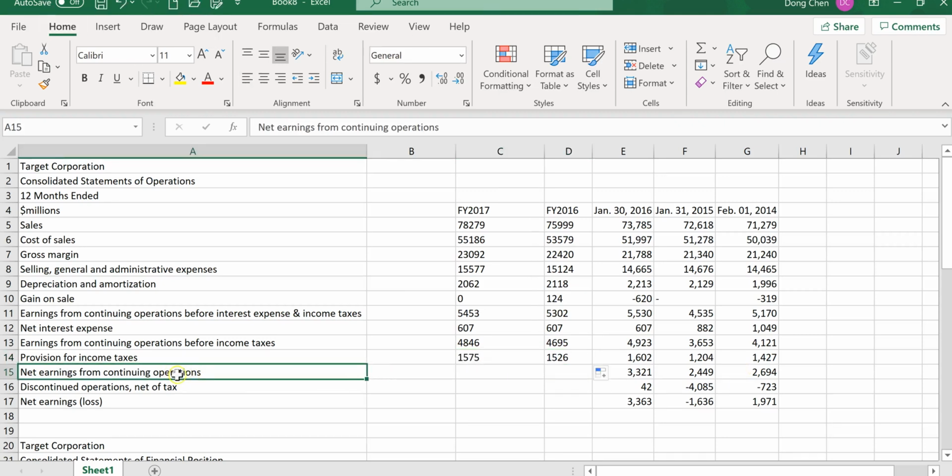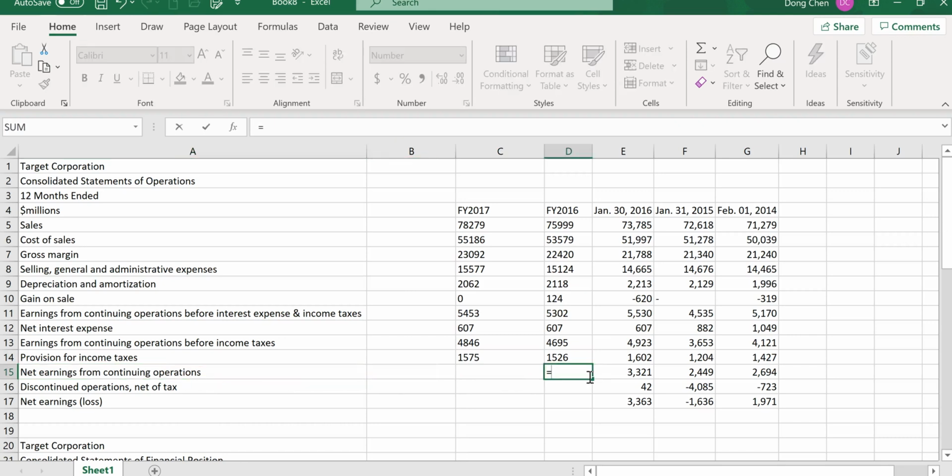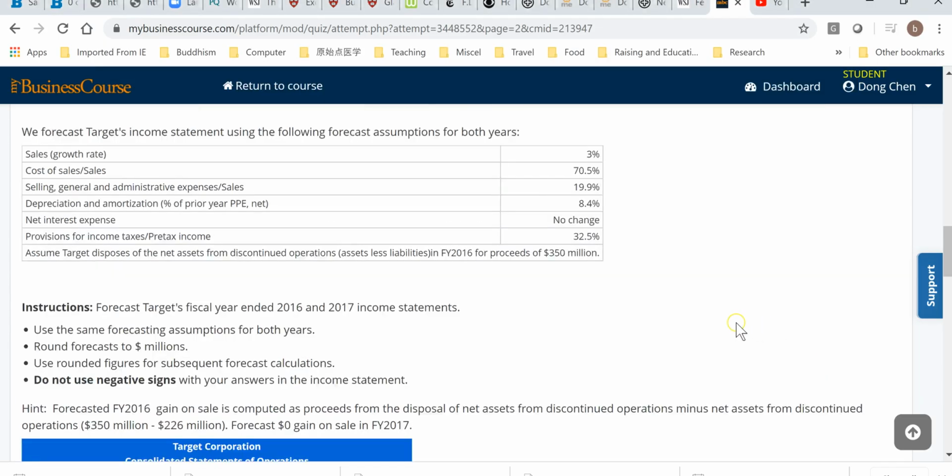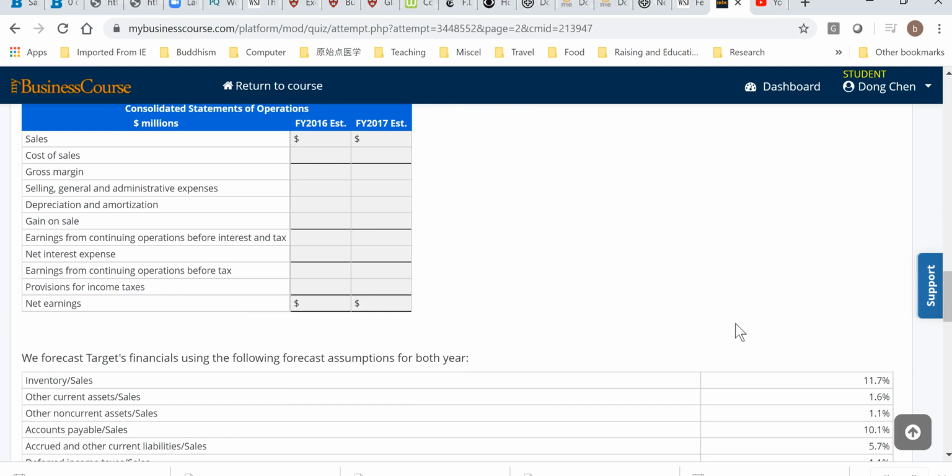And net earnings from continuing operations is the difference between the earnings from continuing operations before income taxes and this income taxes here. So that's going to be this number. And discontinued operations net of tax, I believe that's transitory.